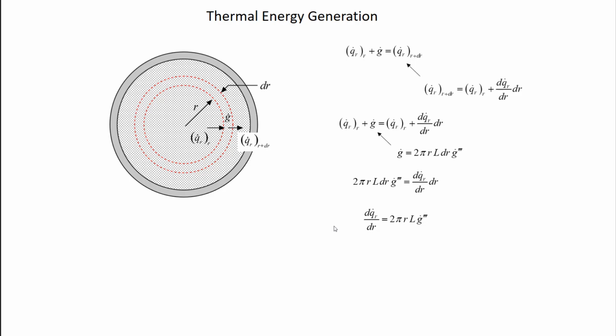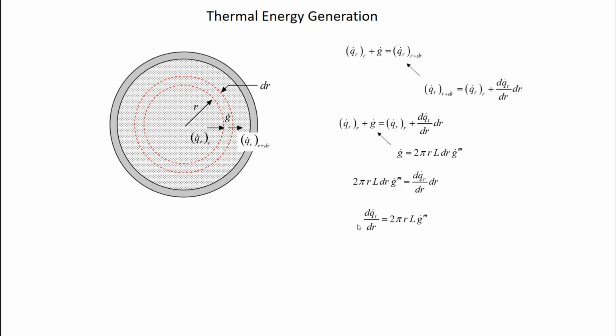And that made total sense. We said that if nothing's going on, we're not storing energy, we're not generating energy, then it makes a lot of sense that no matter where I am inside of this cylindrical medium, I'm going to have the same rate of conduction, right? And that was our ODE. That's what we then moved forward with in order to generate a temperature distribution.